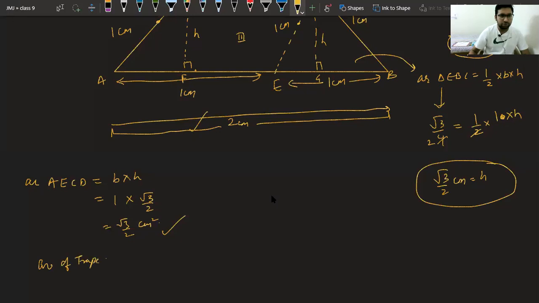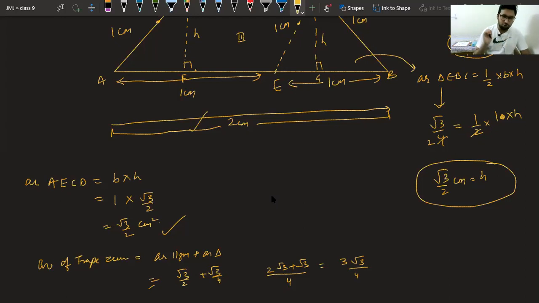So the area of the trapezium will be given by the area of the parallelogram plus the area of the triangle, that is root 3 upon 2 plus root 3 upon 4. Taking LCM of 4, we will get 2 root 3 plus root 3 and the answer will be 3 root 3 upon 4. If you want to solve it further, you can put the value of root 3, and if you don't want to, I am totally okay with that.